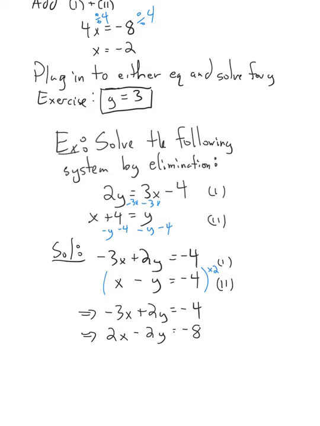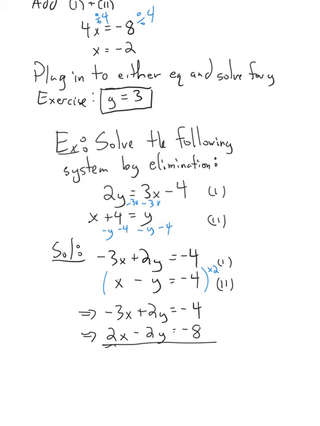And I want to point out, there's nothing special about making the y's have the same coefficient. I could have tried to eliminate the x's instead, by multiplying by 3 instead of 2. That would have given me a 3 in front of the x, and then the x's would have been eliminated. Again, either will do. It doesn't matter what you choose.